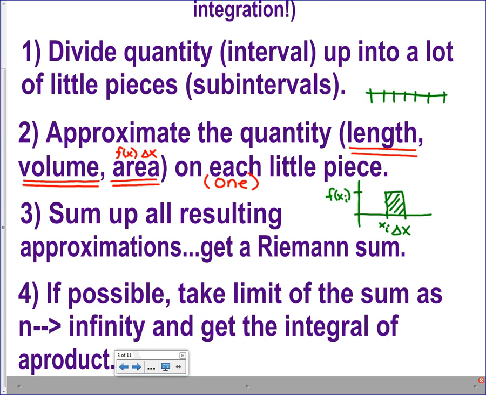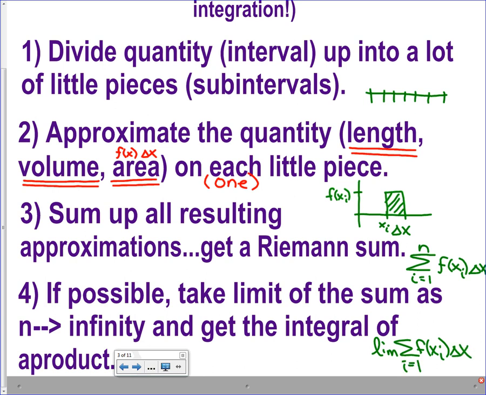Then we added up all of those areas to get an approximation. We used sigma notation in that. And then we took the limit of that sum and arrived at our integral, which eliminated all of that error we had.